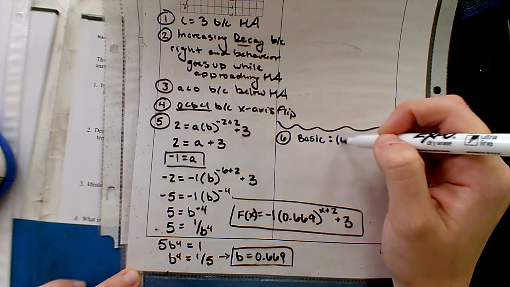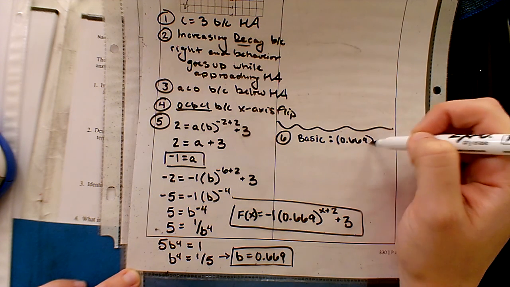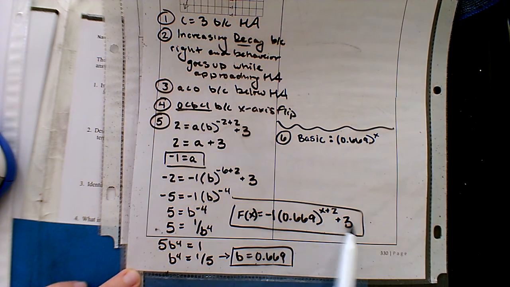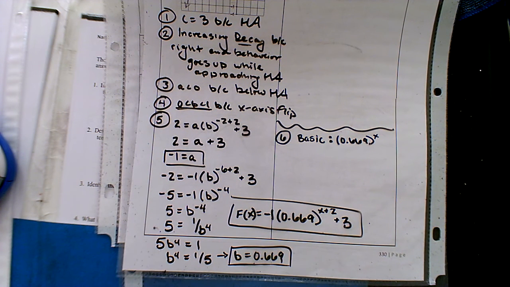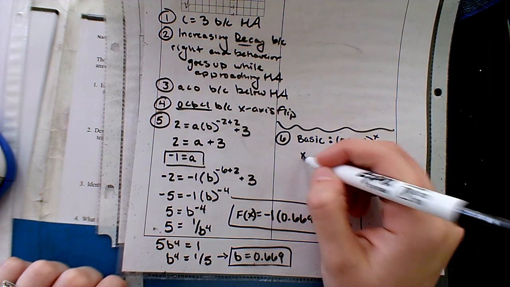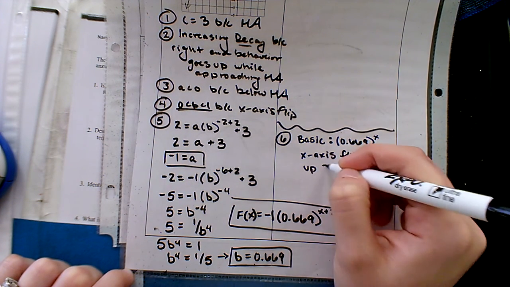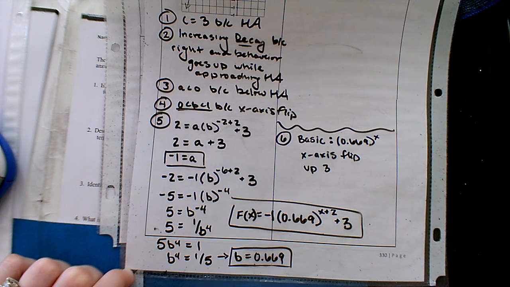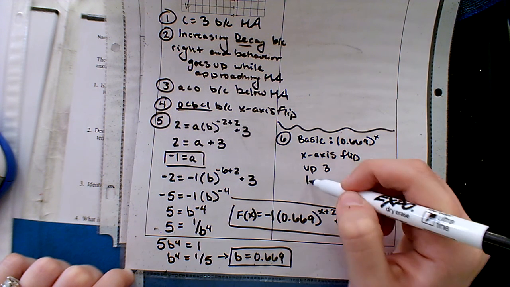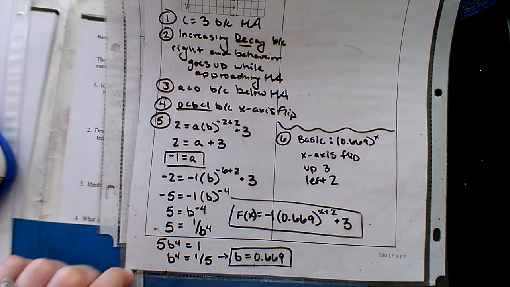The basic is 0.669 to the x. Okay, so everything else in this equation is some type of change. Can we find them? x-axis flip, okay. Up 3. Left 2.